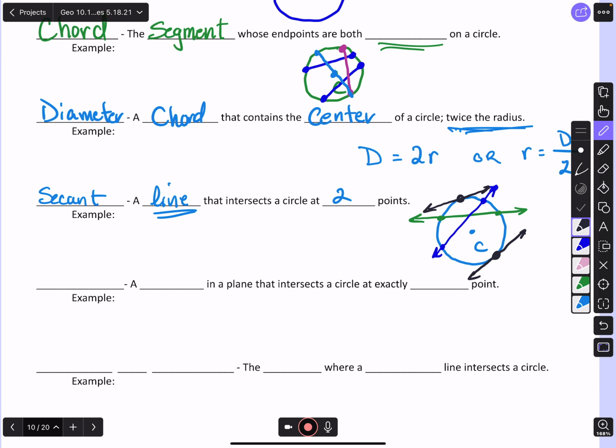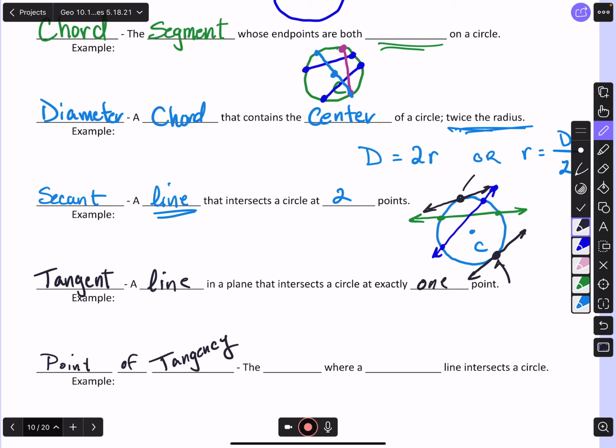And that is called a tangent when it just hits it in a single point. So it is a line in a plane that intersects a circle in exactly one point. And then lastly, this point where it does touch it, that is called the point of, and then we get fancy here and we say tangency.